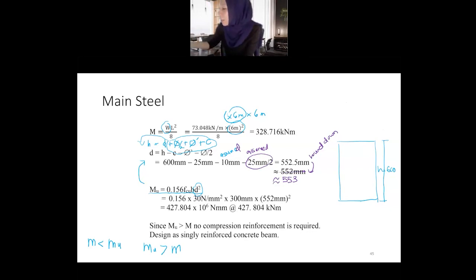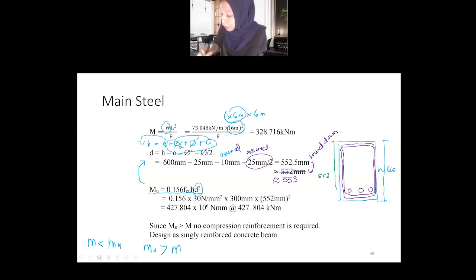Okay, and then I lukis dekat sini. We have this like beam that I akan lukis kat sini. Okay. And then I have this like up until the centroid here. It is 553. Okay. And then I have the other half of bar. Ni sampai tengah half of bar. So half of bar 12.5.